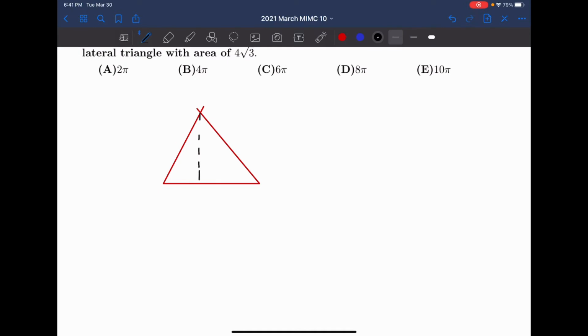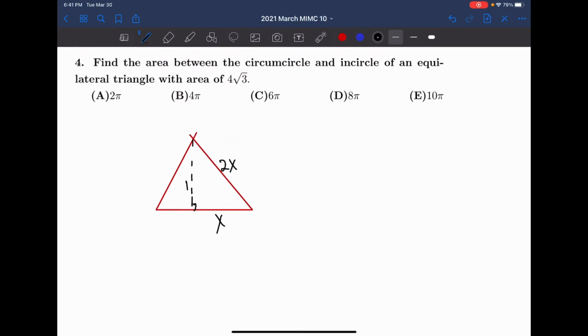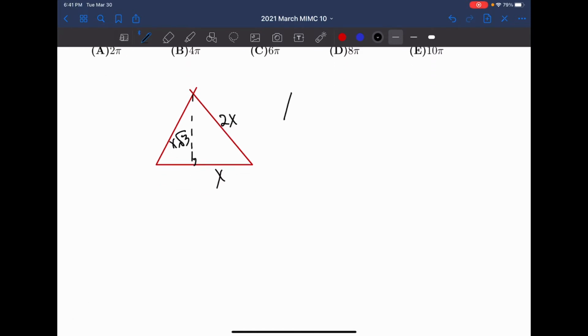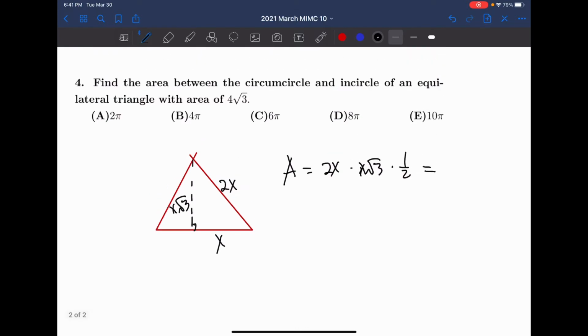In an equilateral triangle all 3 sides are equal, so if we set the side to be 2x, then half of it is x, as the height is a bisector, and the height is x square root of 3. The area would be 2x as the base, times x root 3, times 1/2, equal to 4 square root of 3.